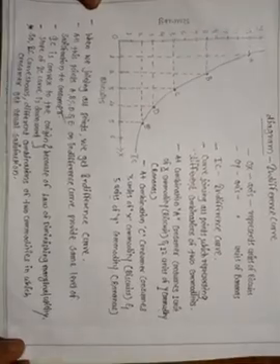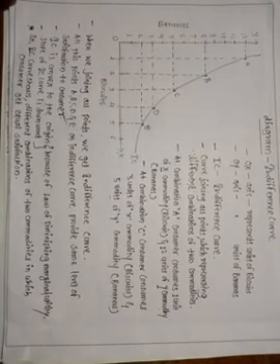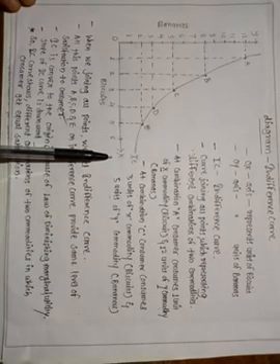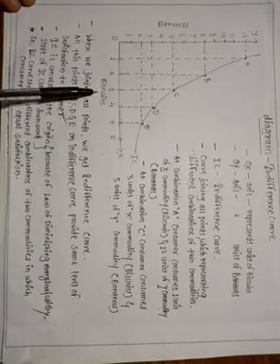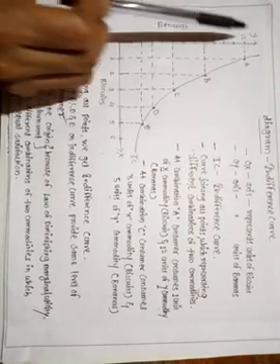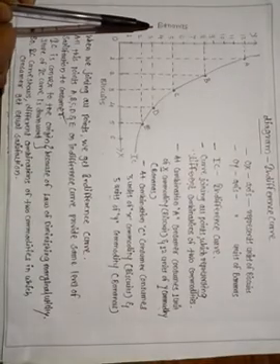Students, we will explain it with the help of a diagram. See here. In the diagram, on the OX axis we represent the units of biscuits, and on the OY axis we represent the units of bananas.